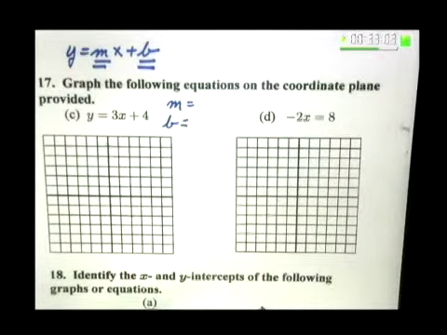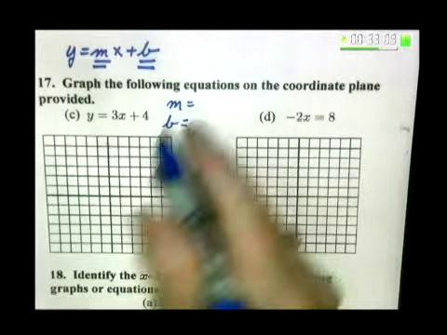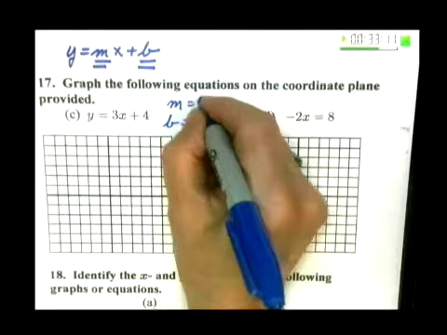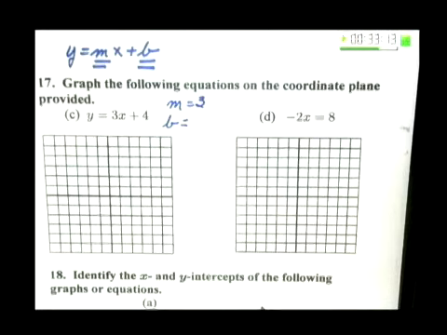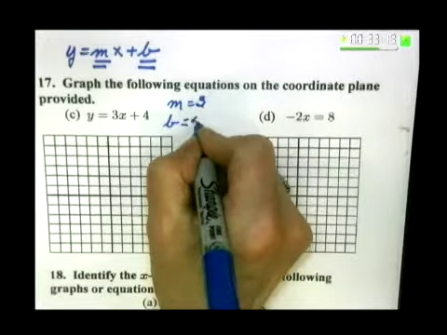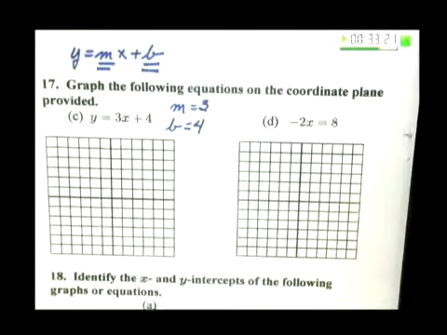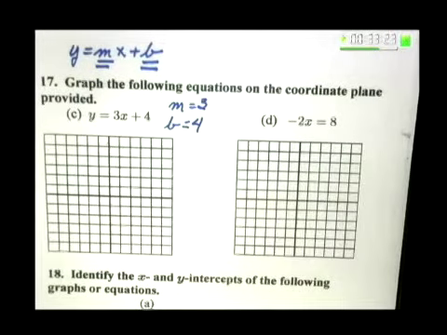So the slope is the numerical coefficient in front of the x, and in this case that's 3. And my y-intercept, which is the b, is 4. That's all the information I need in order to graph this problem.